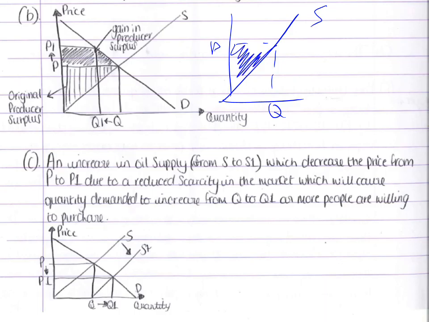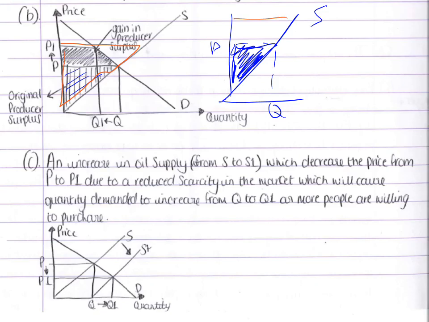So the original part, which is highlighted here, on this graph here, is accurate in terms of the original producer surplus. But the gain in producer surplus is not a triangle. So if it starts here and the price rises, really this whole red is the new producer surplus.